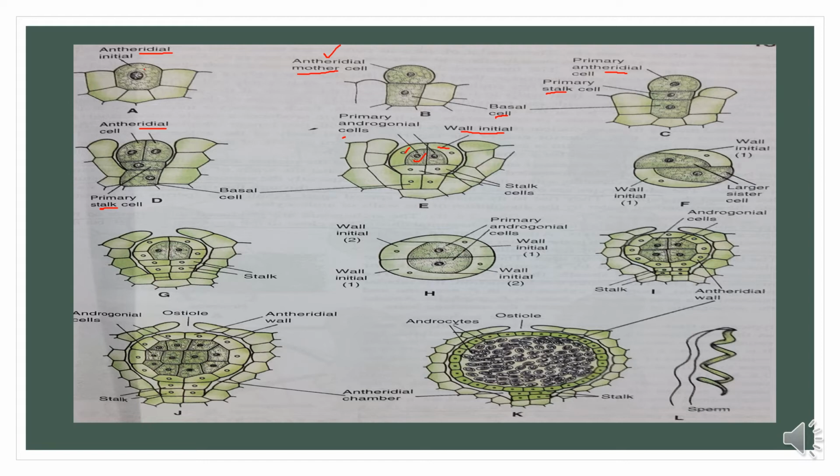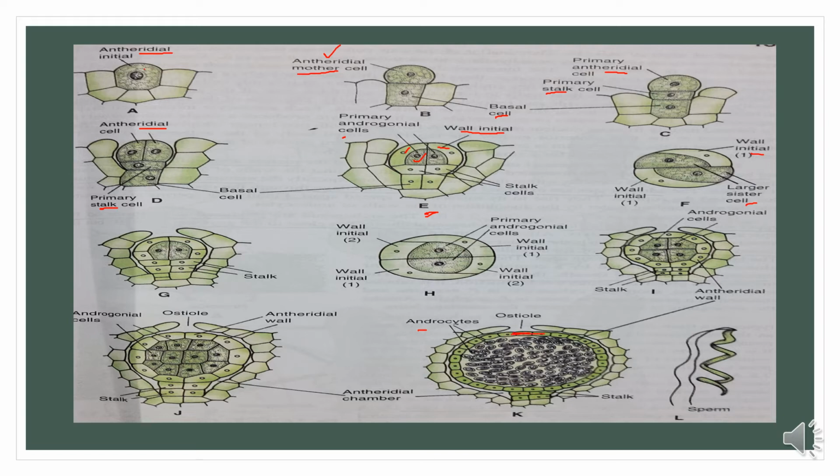This one, E, is the longitudinal section, and in F we see how it looks in transverse section, with the wall initials and the inner androgonial cells.